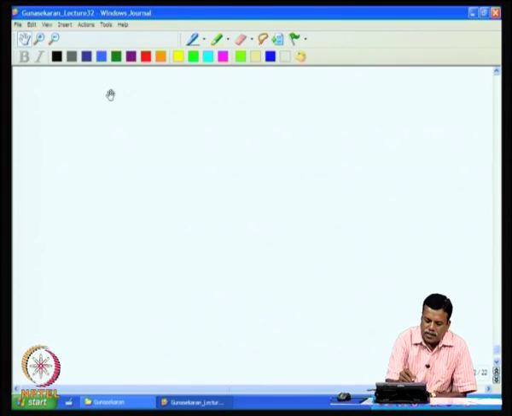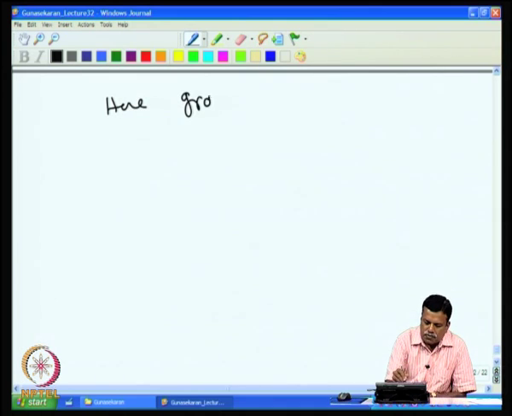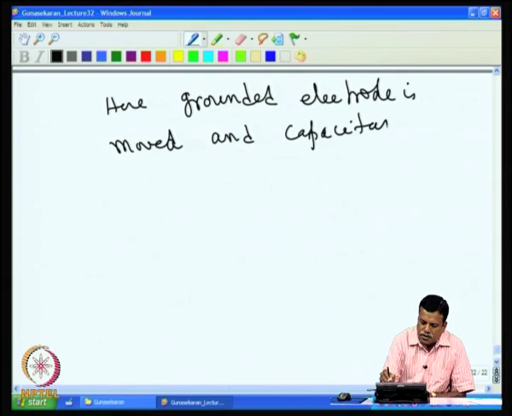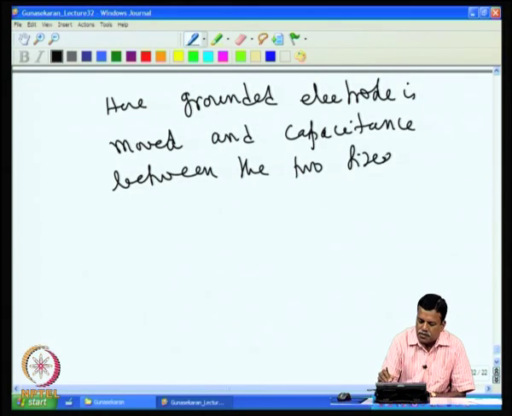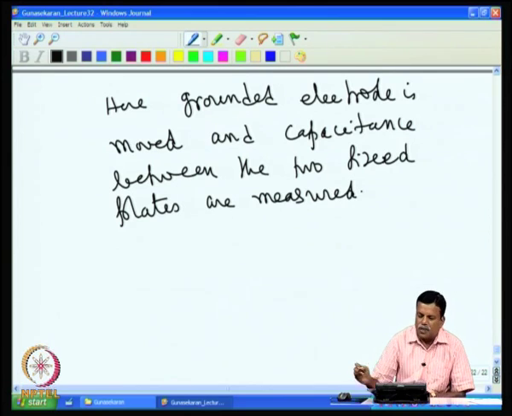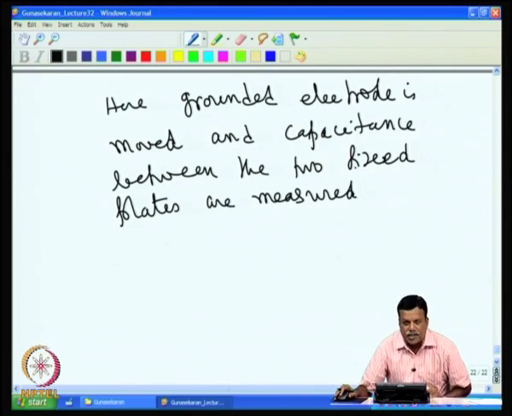Here the grounded electrode is moved, and the capacitance between the two fixed plates is measured. This happens because of the proximity effect.